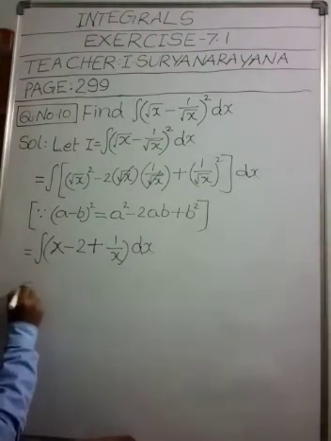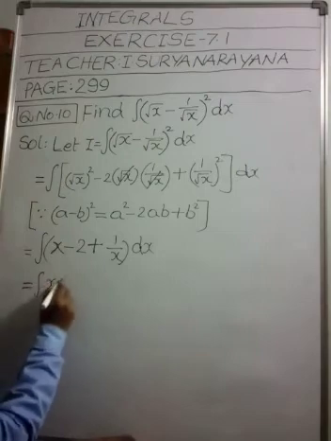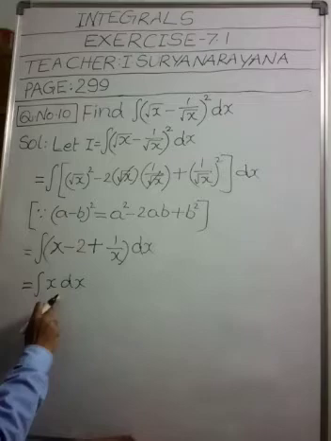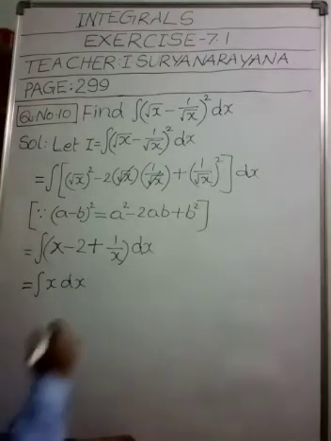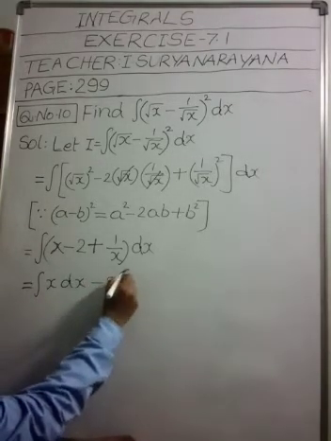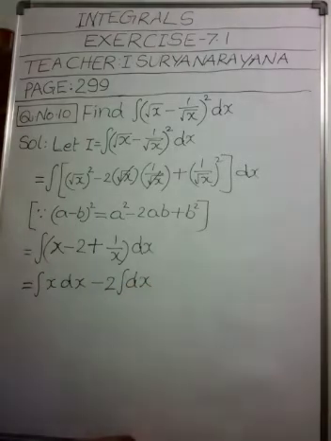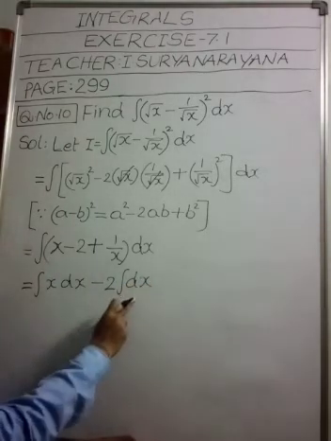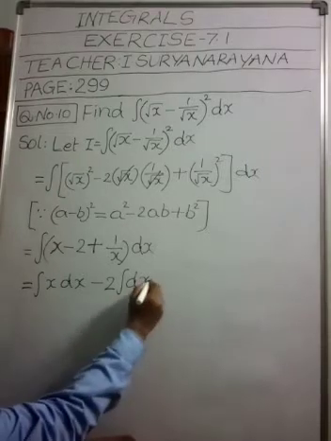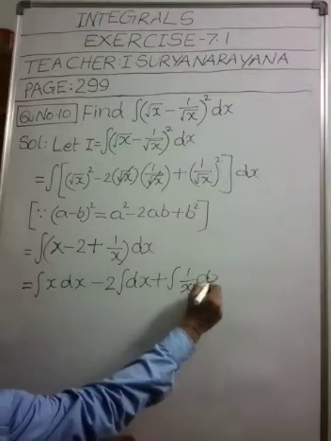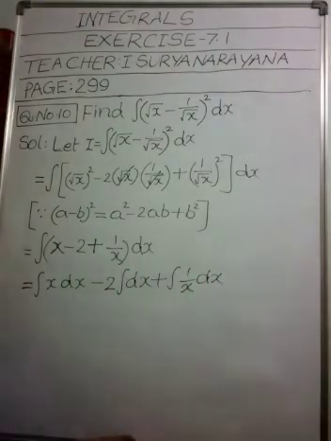So that is equal to integral x dx. We are writing the integral of the first term, minus 2 integral dx. And understood this second term, my children? Right. Plus integral 1 by x dx. Understood this last term, my children?